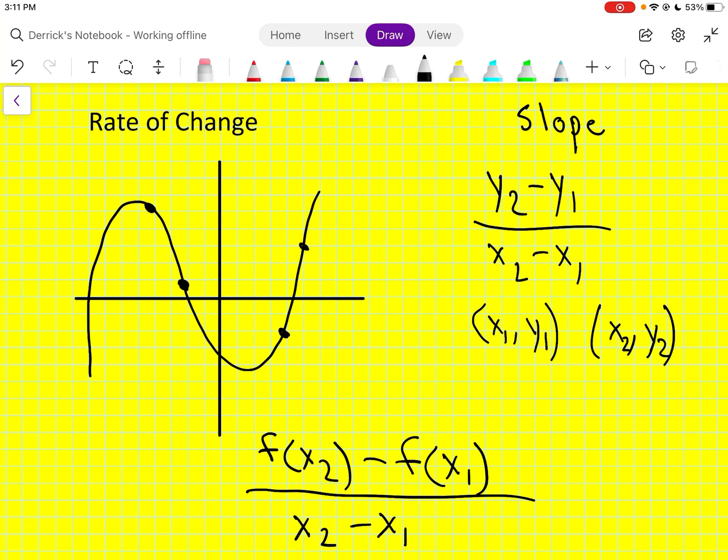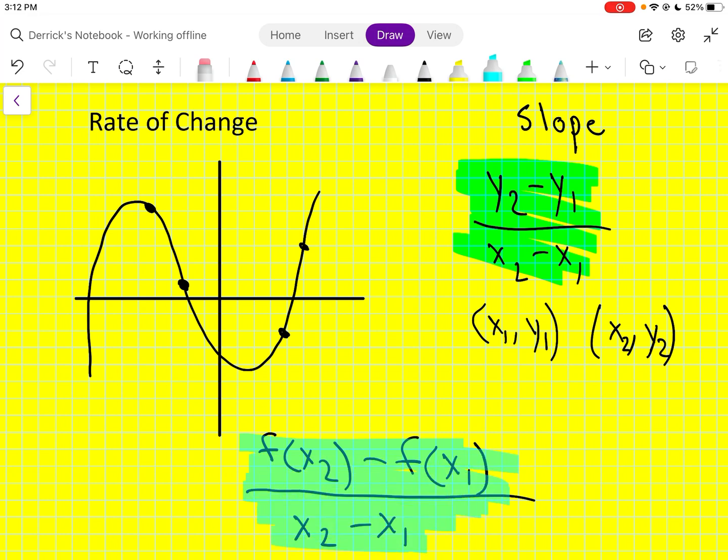Now recognize that is not any different than what we already had. These two formulas are effectively saying the same thing. It's just that instead of using y's, we've swapped that out for f of x's, because that's the more grown-up way of referring to y. That's the way we will refer to y's a lot of times in the higher level math classes.